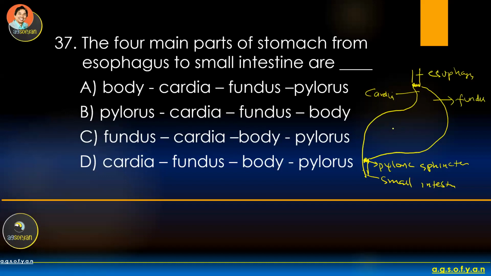And then the main part, the biggest part of the stomach, is called the body. And the last part, the one closest to the small intestine, is called the pylorus. So the sequence starts from cardia, fundus, body, and pylorus.